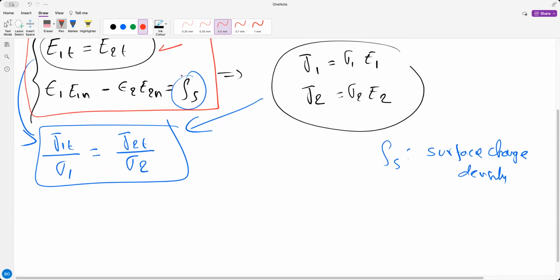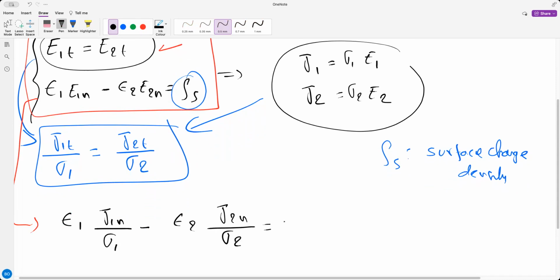And now we can also take the second equation and do the same thing. What is E1n? E1n is just the current density divided by sigma 1, minus epsilon 2 times the current density divided by sigma 2. This is equal to the surface charge density.